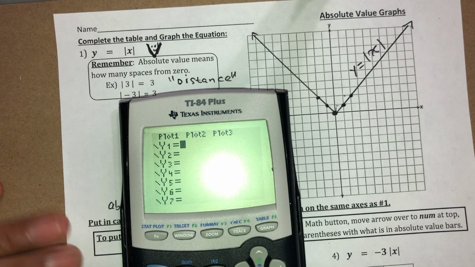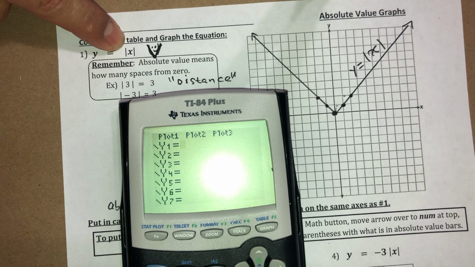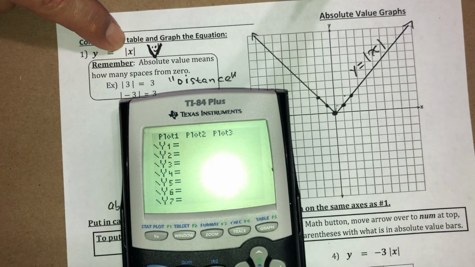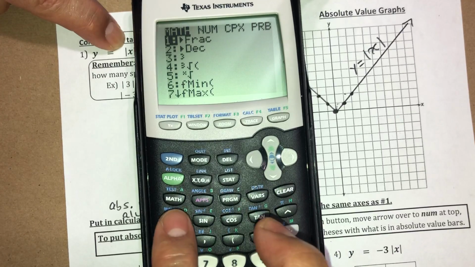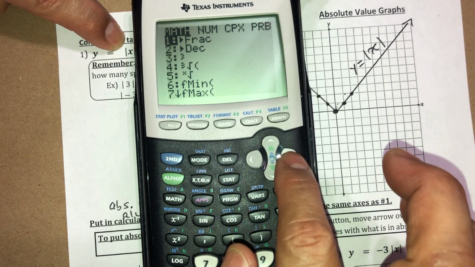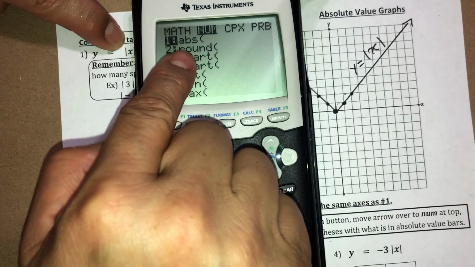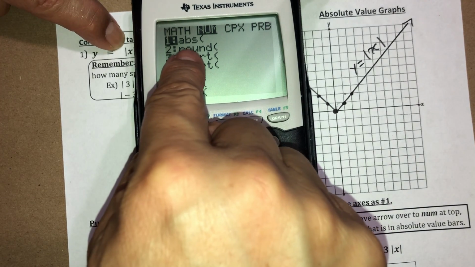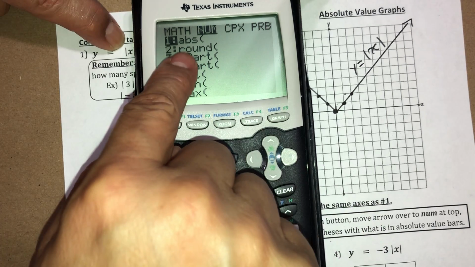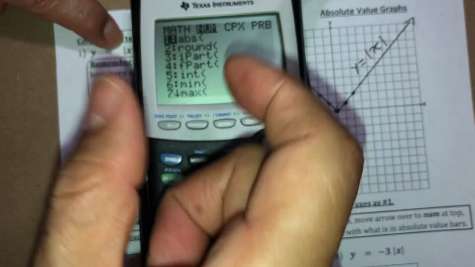Y equals. To write the absolute value, it is listed over here in the instructions. You're going to go to math, okay? This button, math, to the right until you get to the number. And you see the first one is absolute value. Some of the calculators, when you do that, you're going to get it just exactly as you look there, abs with a parenthesis, so you have to type X here.